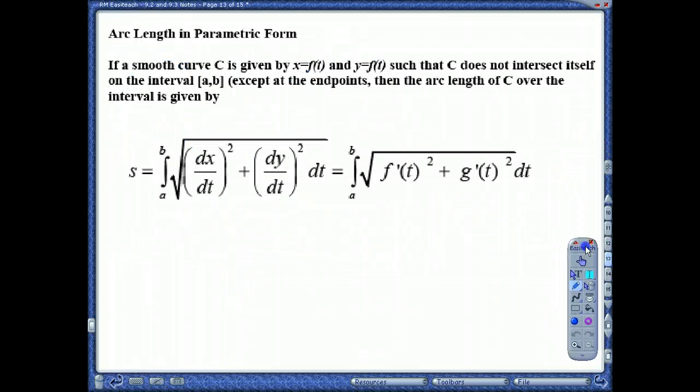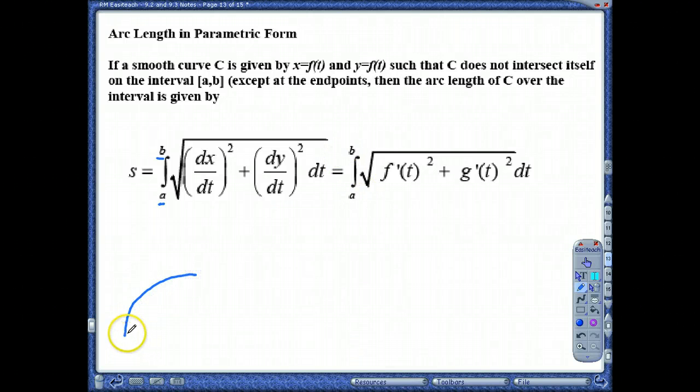Alright, now in parametric equations they may ask us to find the arc length in parametric form. So if they give us a smooth curve C in that parametric form, such that the curve doesn't intersect itself on the interval from a to b, except at the endpoints, of course, which just means it comes full circle, then the arc length of C over the interval is given by, so remember, these are nice smooth curves, so arc length is just the distance of that curve, so to speak.